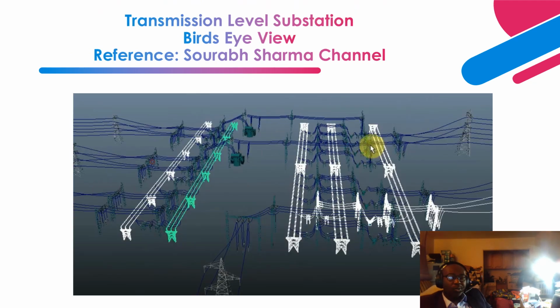Now we've been able to leverage 115 kV, 230 kV, 345 kV, 500 kV, 765 kV, from this very high voltage, transmission level substation that is coming in.